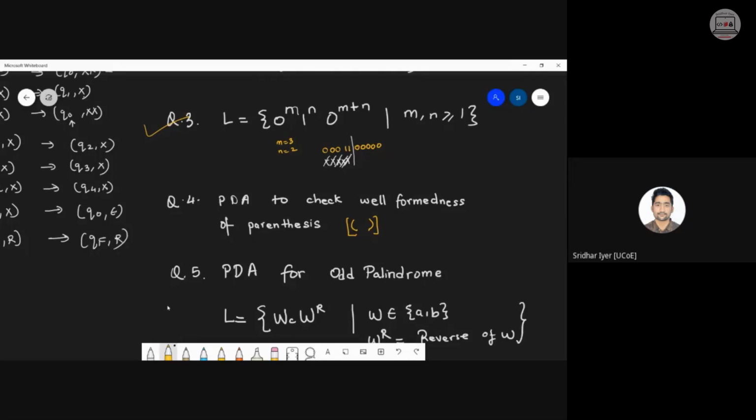I will show you with an example. Solution number 4. Let me take an example and then solve it. Okay, so now you tell me whether it is well formed or not.